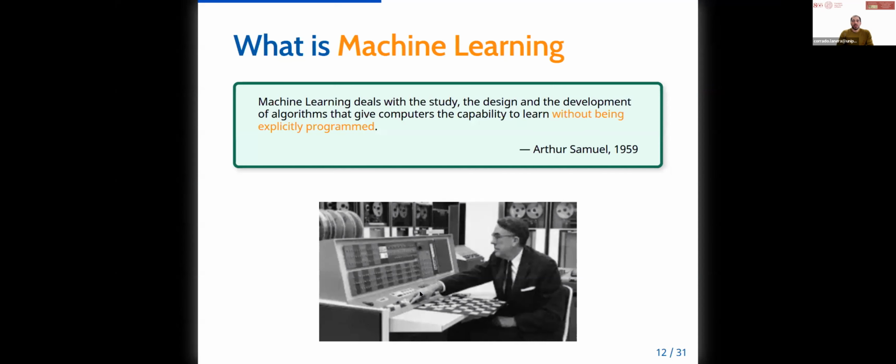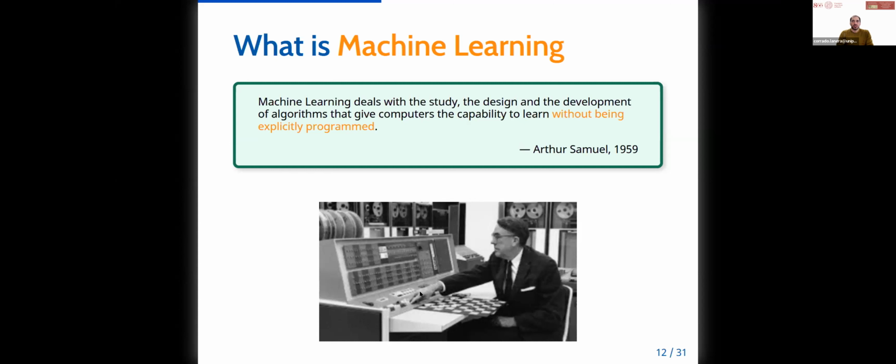So how does machine learning work? In 1959, Arthur Samuel said that machine learning is when a computer gains the ability to learn without being explicitly programmed. This to me means two things.